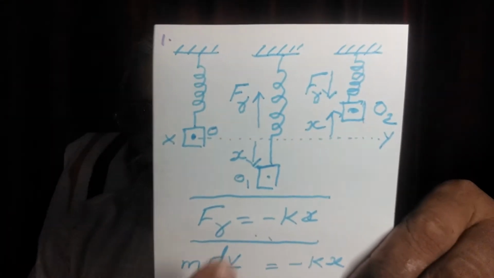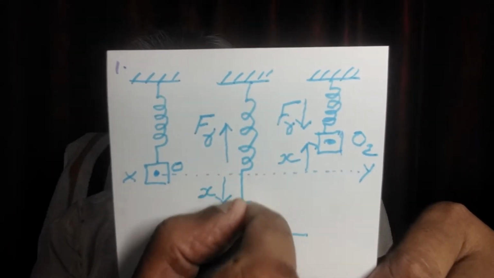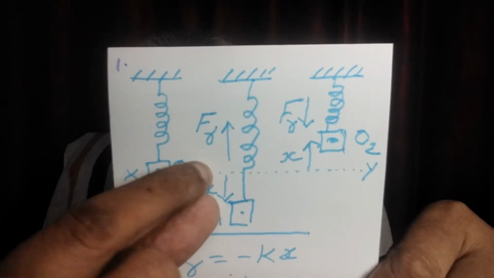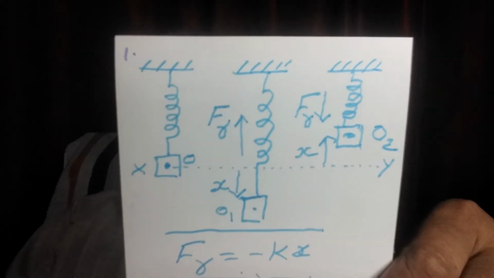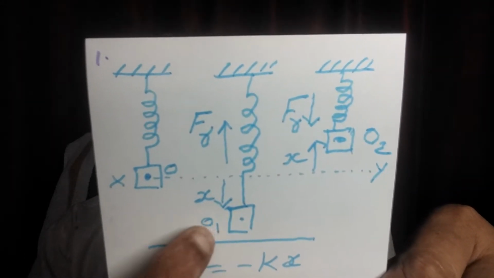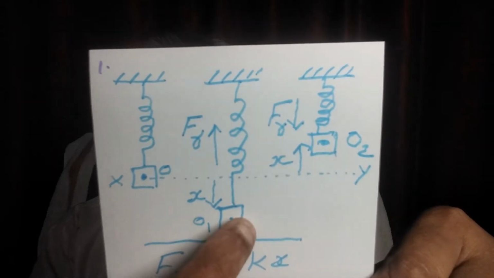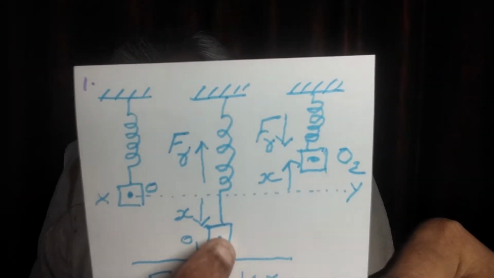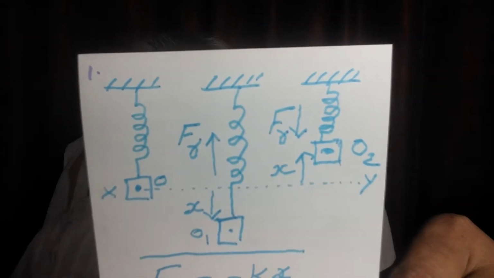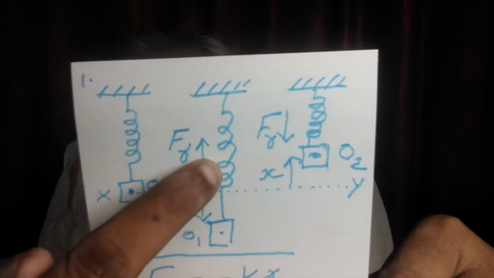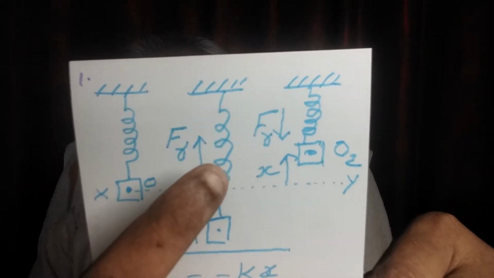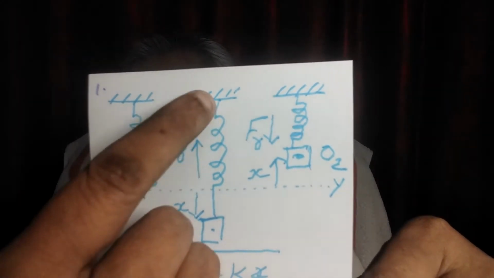Now suppose you pull the block down by a distance x so that the center of mass of the block occupies the position O1. Now the spring is elongated, extension x is downward, and the newly developed restoring force in the spring Fr is upward.